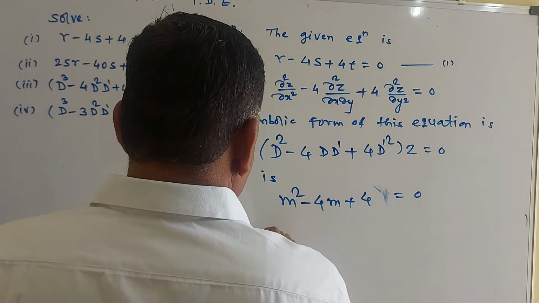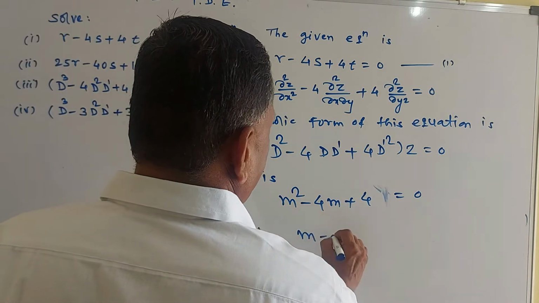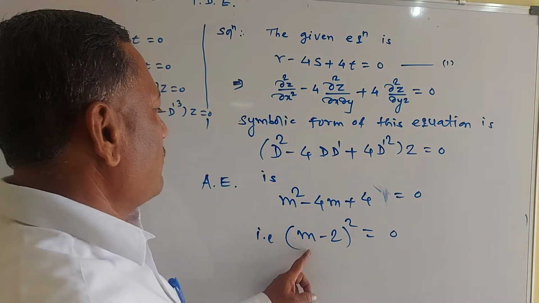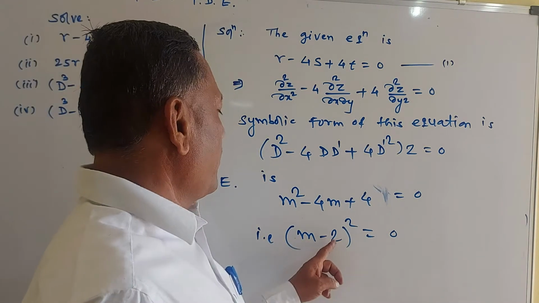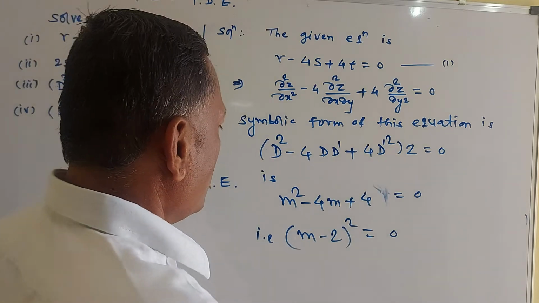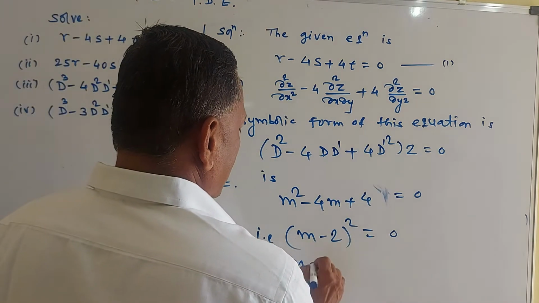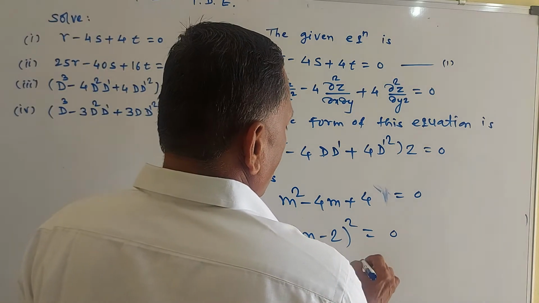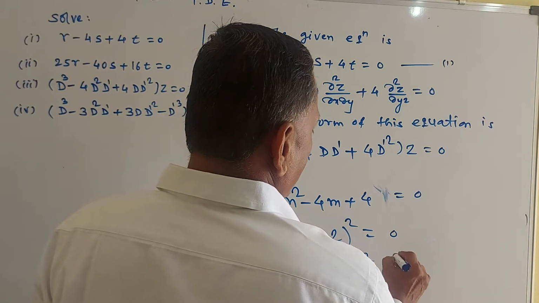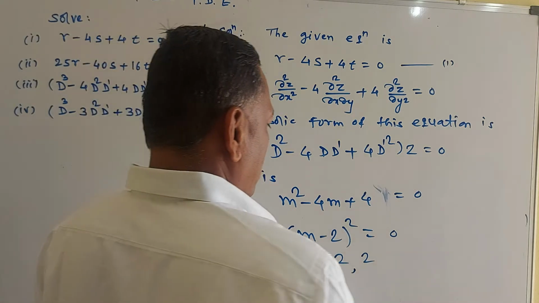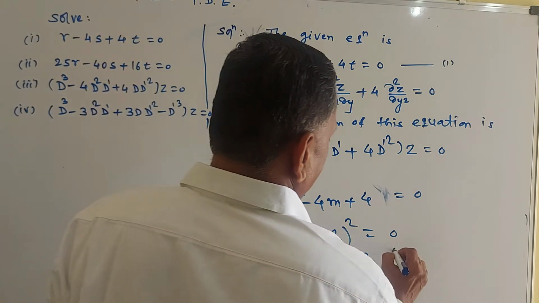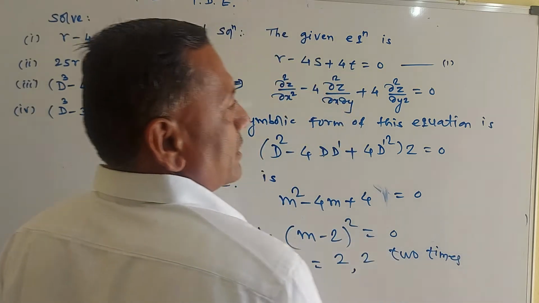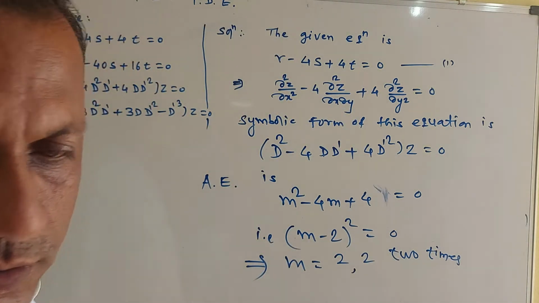That is m square minus 4m plus 4 is equal to 0, which can be written as m minus 2 whole square is equal to 0. This implies m is equal to 2 two times. Therefore root 2 occurs 2 times, so here you have repeated roots.